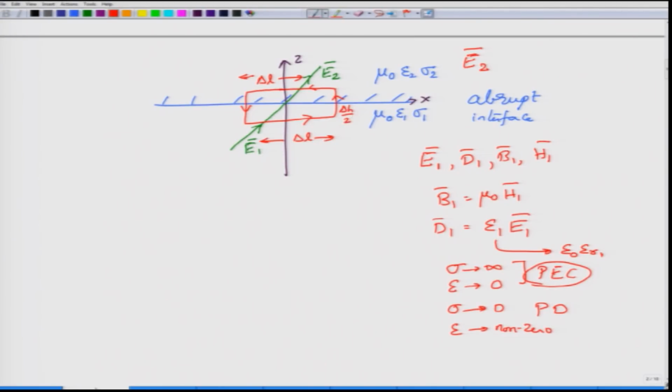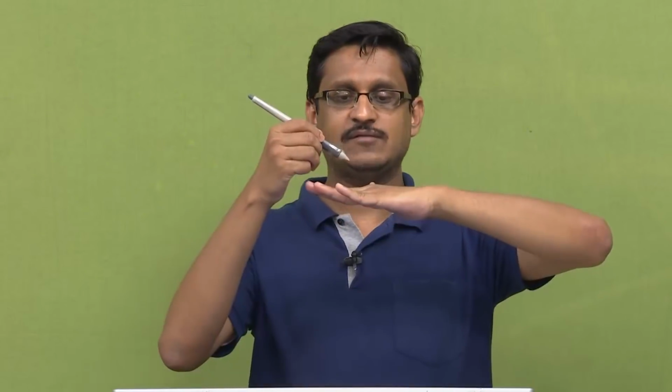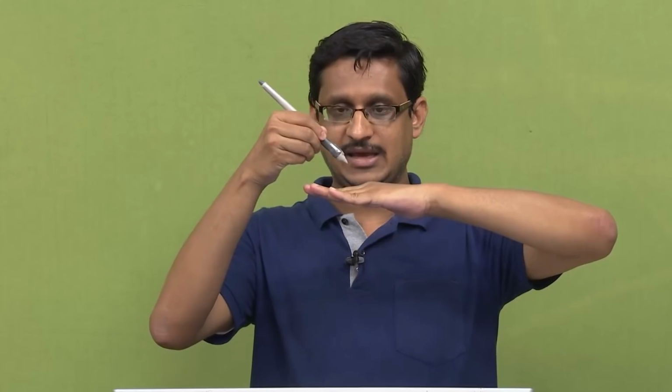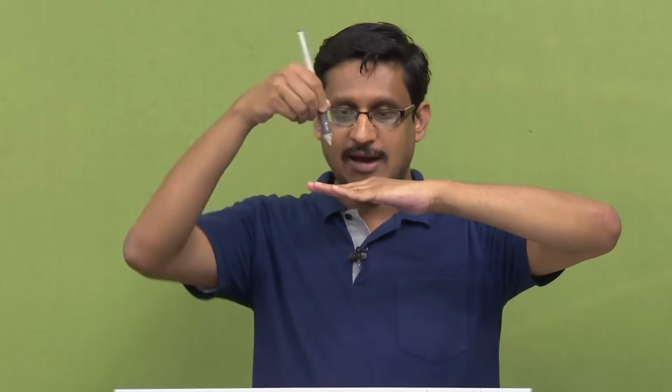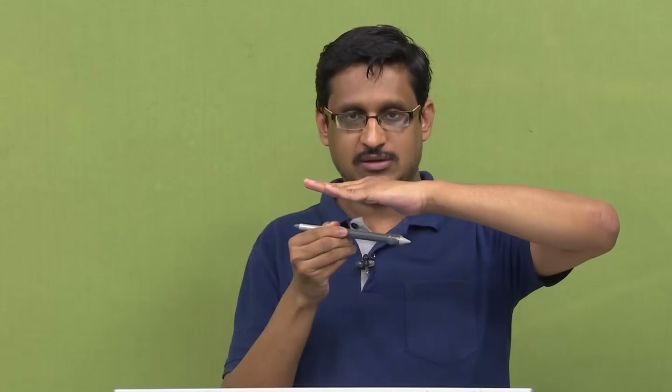The one in medium 1 has a height of delta h by 2, and the same height in the other medium as well. So, you have to imagine this interface plane, and this line which is delta L long, and then it plunges into the second medium. The total height is delta h, it goes down, runs delta L again, and then comes back up to complete the loop.